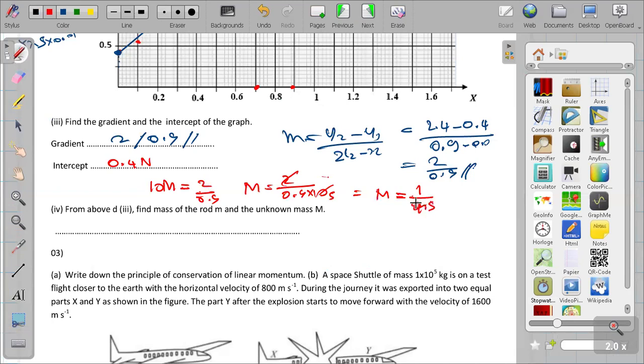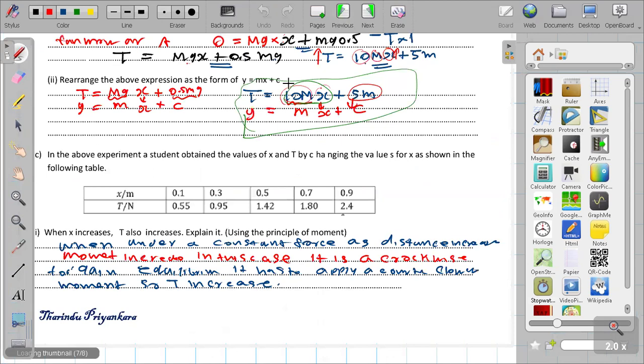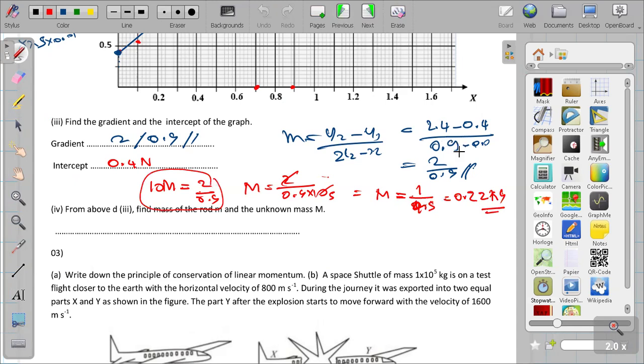Because you have to equate this to the gradient value. According to the equation, my gradient value is this one. My mathematical gradient value is 2 over 0.9.